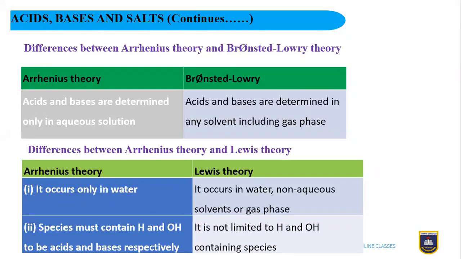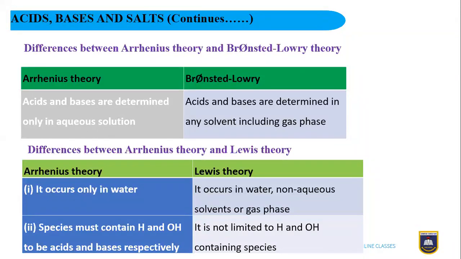That's Lewis. So whilst Arrhenius occurs in water, Lewis occurs anywhere, any of the phases. Could be liquid, gas, or solid. You can determine what an acid is and what a base is. Now, another difference between Arrhenius and Lewis is that under Arrhenius, species must contain hydrogen and OH to be acids and bases respectively. Under Lewis, it is not limited to H and OH containing species. You saw that.